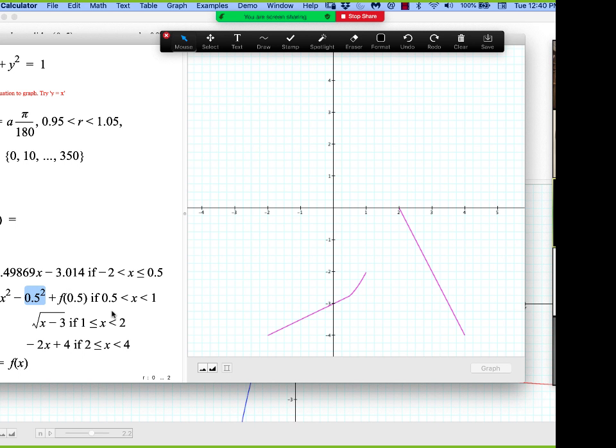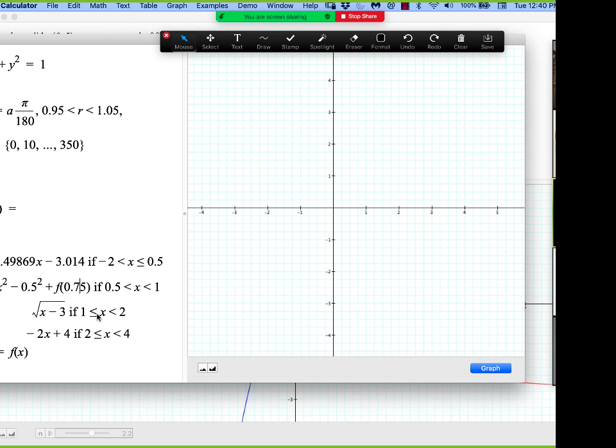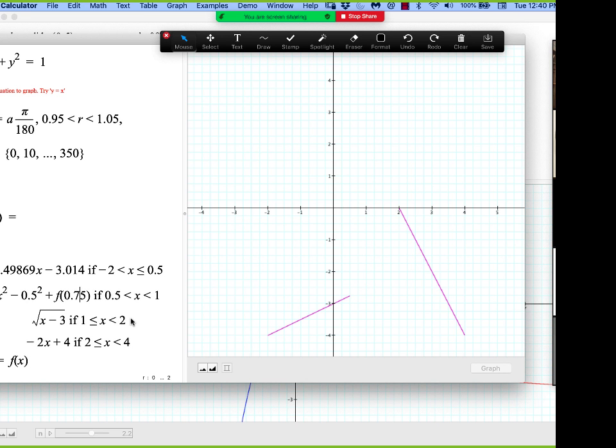But the point being that in these piecewise functions, you can use function notation. But it has to be for something that's been defined previously, or defined somewhere else in the piecewise function. I can't do f of 0.75. Why can't I do that? Is it because it wasn't defined in the previous line?